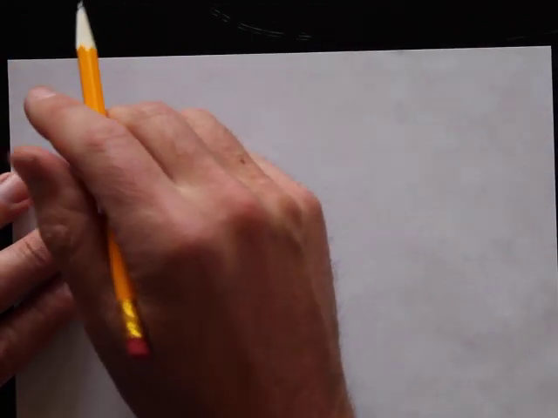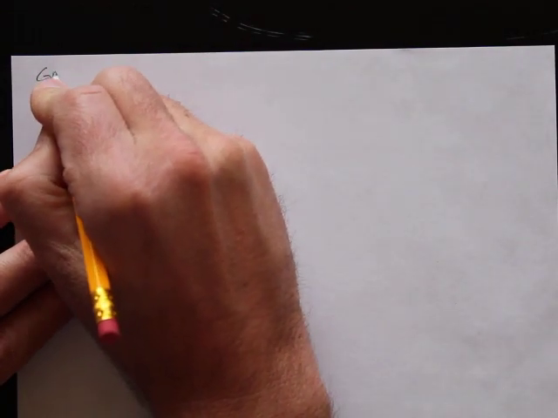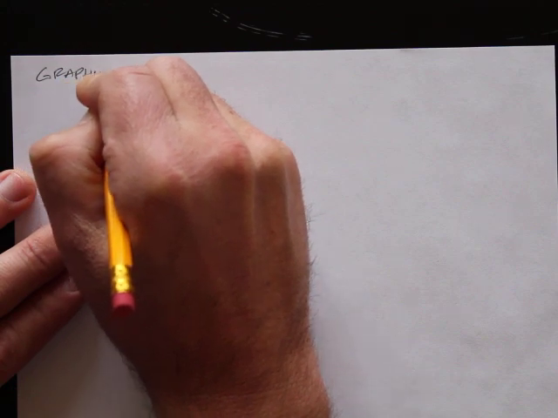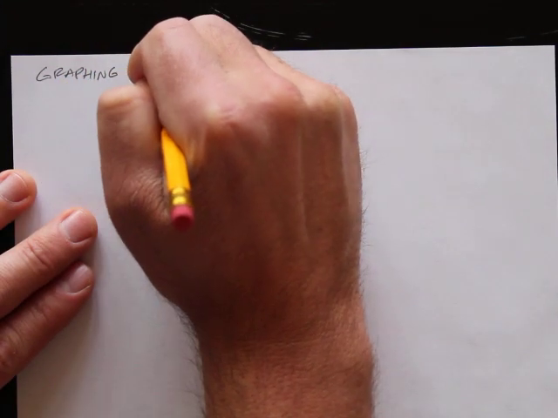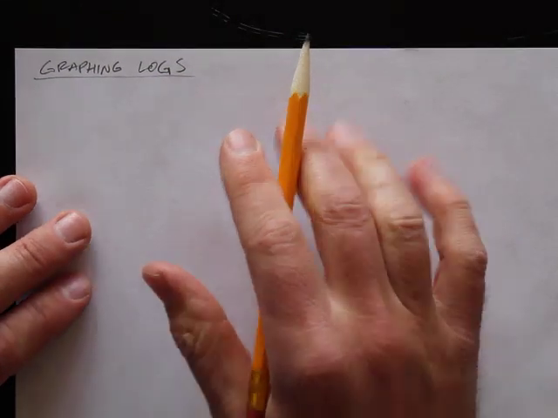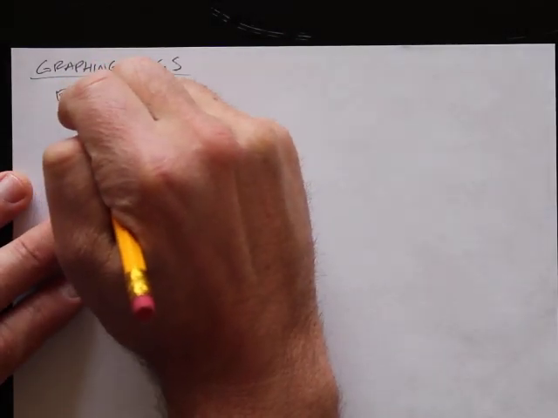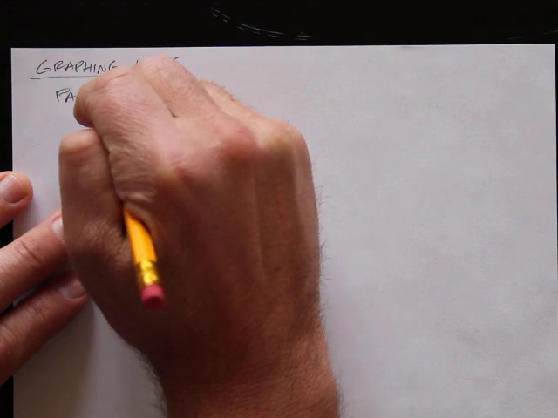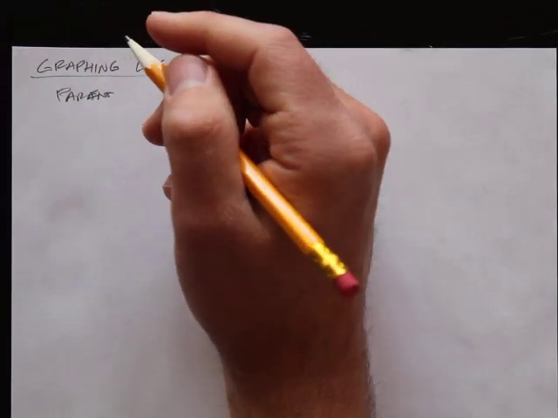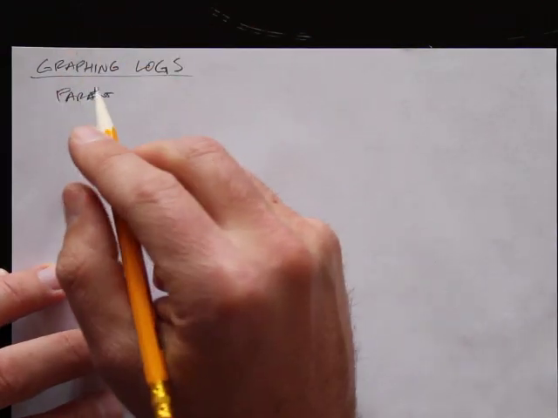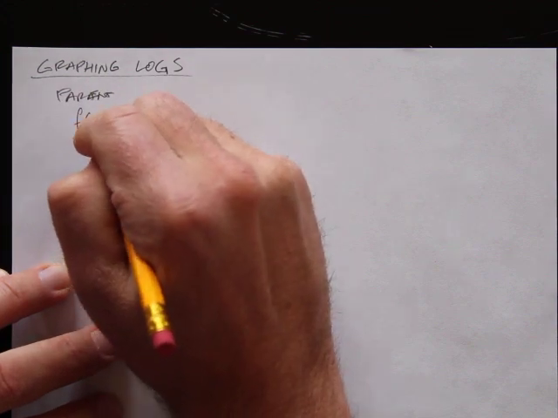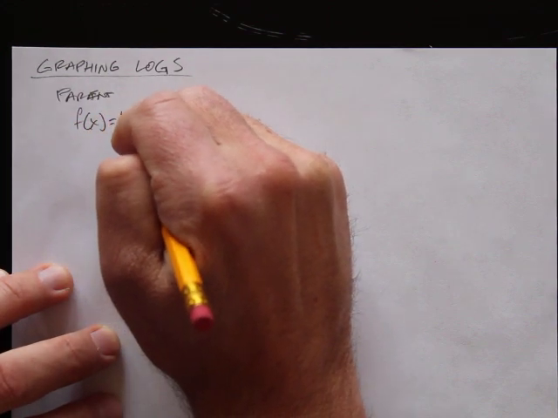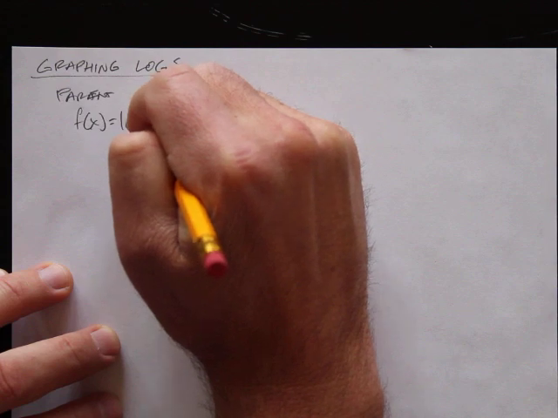Graphing logs, logarithmic functions. Okay, let's look at the parent graph. Excuse me. The parent graph looks like this: f(x) equals log base b of x.